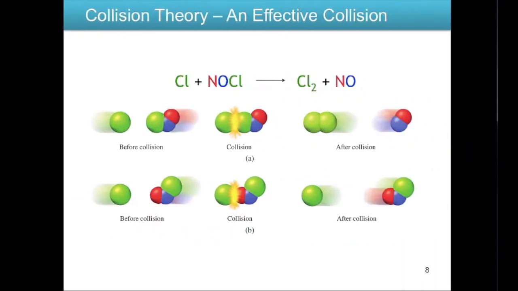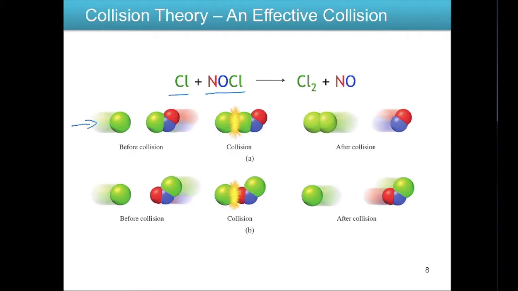So here's what it would look like if we had two reactants creating two products. We have one chlorine and then an NOCl, nicely color-coded so you can follow the molecules and the atoms. If we had an effective collision, which is represented by the top figure, before the collision we have separate chlorine and NOCl.